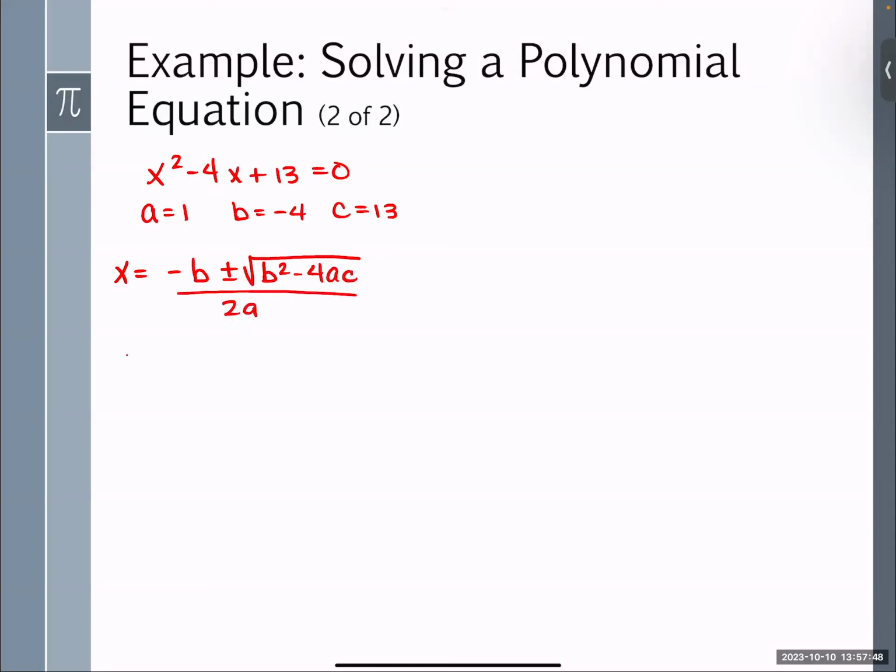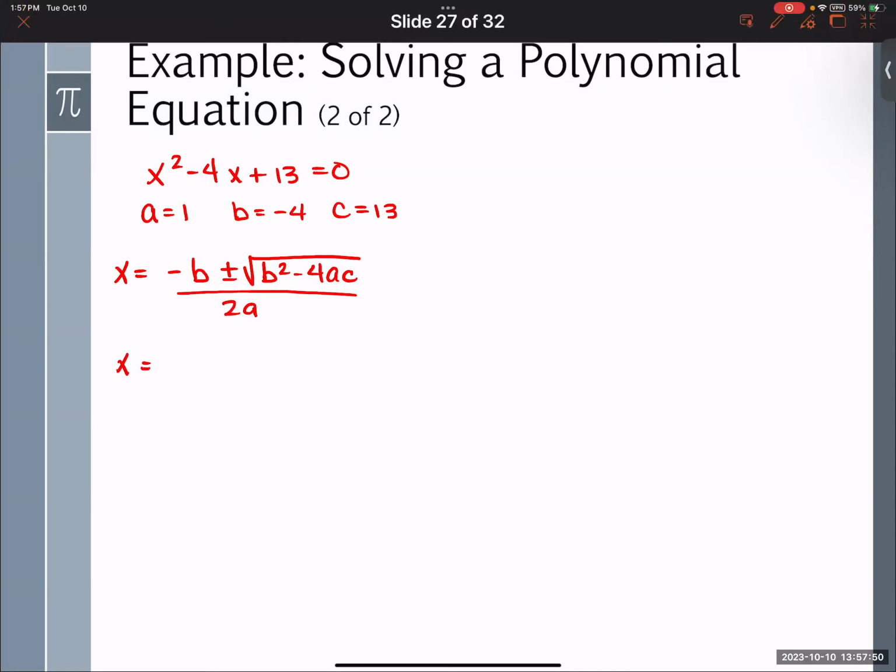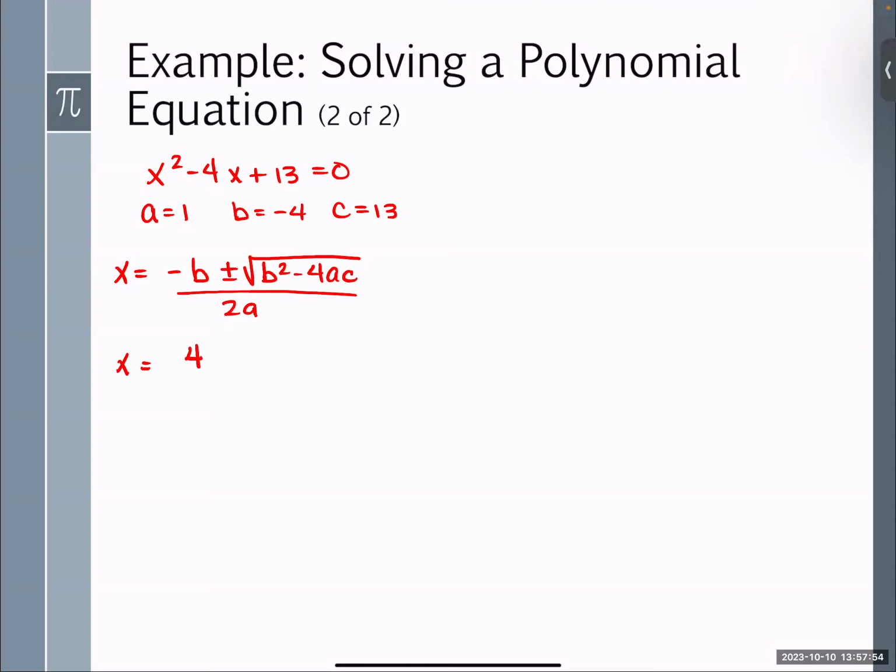So let's do the plugging in. I have a negative 4, which is going to give me positive 4, plus or minus the square root of negative 4 squared, which is 16. I always square that to make sure that I get the sign to be positive. Negative 4 times A, which is 1, times C, which is 13, over 2 times 1.